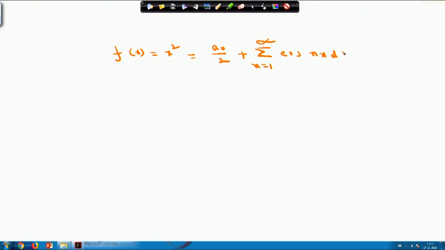So, pi will be cancelled and this will be only cos of n x, summation n equals 1 to infinity, a n into cos n x.